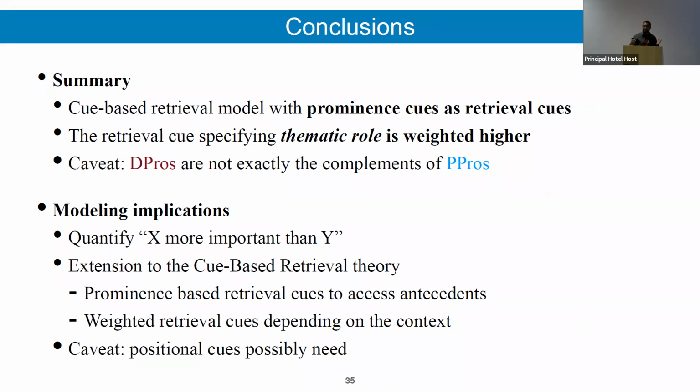That may not be the universal truth for thematic role, but still we are trying to have an actual number for this kind of statement. And of course, we have an extension for the cue-based retrieval model in terms of prominence cues and weighted retrieval cues. And then there is one cue that we are using, the positional cue, and I'm not fully comfortable with that, but I think it's a placeholder for a better model at the moment.